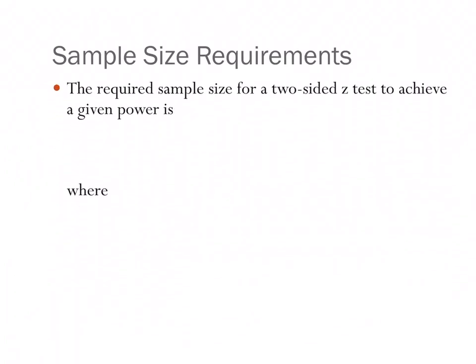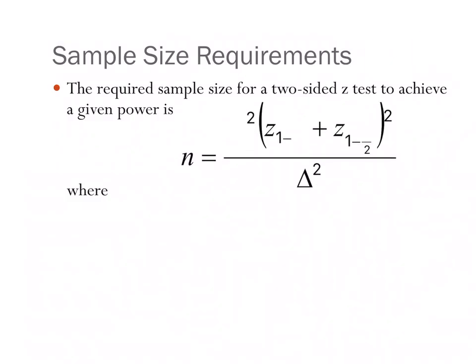The following up is the sample size requirements. This is where we're trying to figure out the required sample size for a two-sided z-test to achieve a given power. So we're trying to figure out n here, right? Sample size n. So if we don't know how much sample size is needed, we plug in this equation and we can figure out our n, which once again PowerPoint doesn't like me this week.